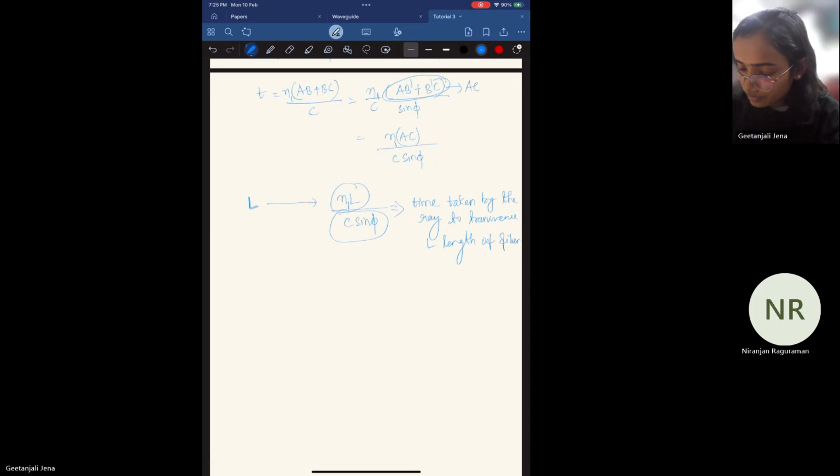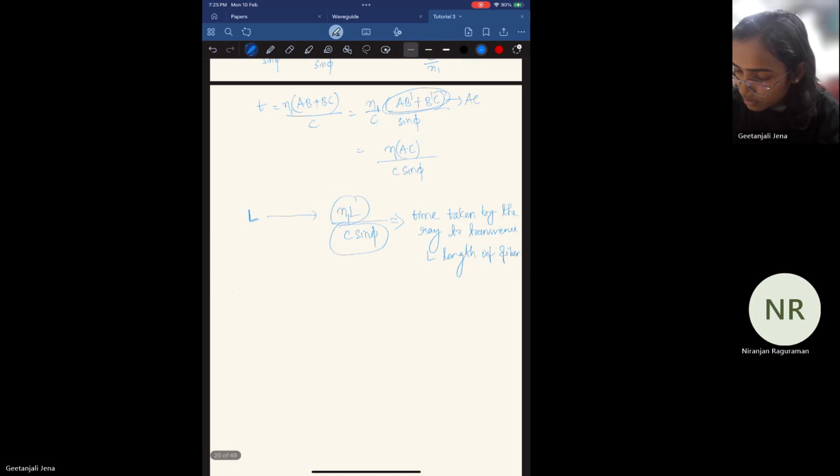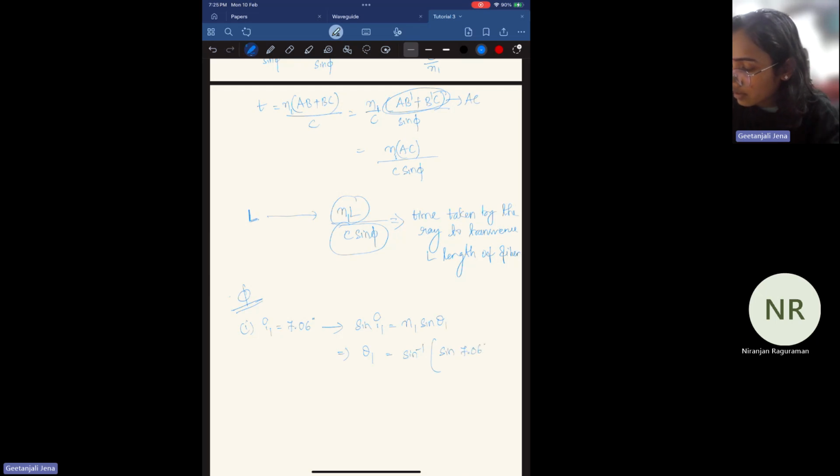So to calculate phi, I1 is given as 7.06 degree. If you use Snell's law, sine I1 is N1 sine theta 1. So that means theta 1 is sine inverse of sine I1, which is 7.06 over N1, given as 1.5.